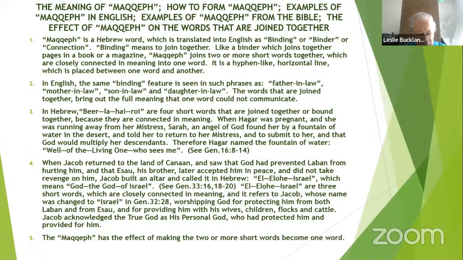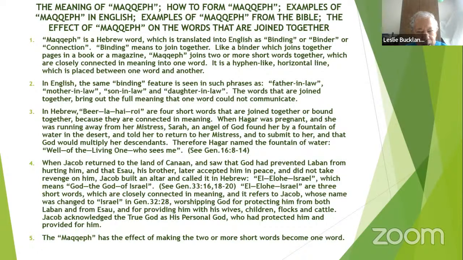And he bought a parcel of a field where he had spread his tent at the hand of the children of Hamor, Shechem's father, for 100 pieces of money. And he erected there an altar and called it El Elohe Israel."